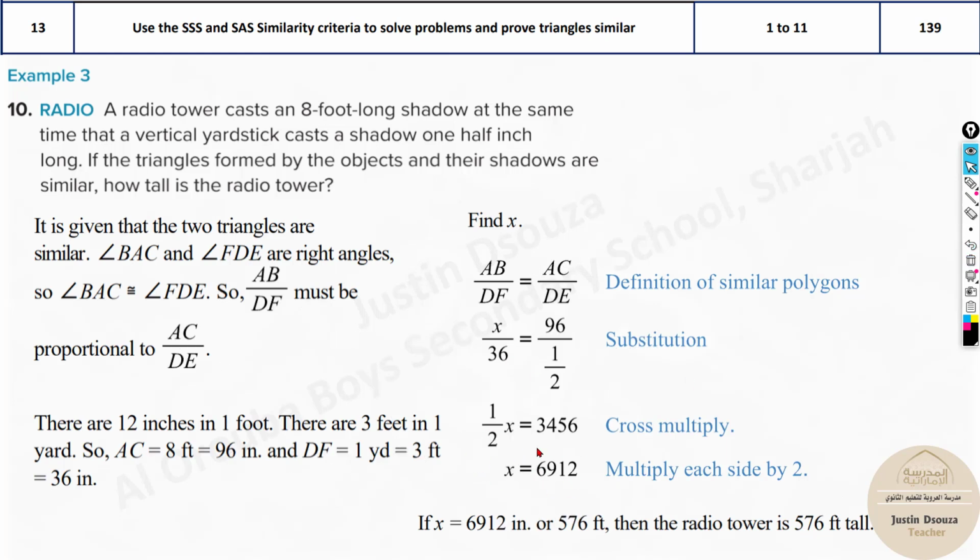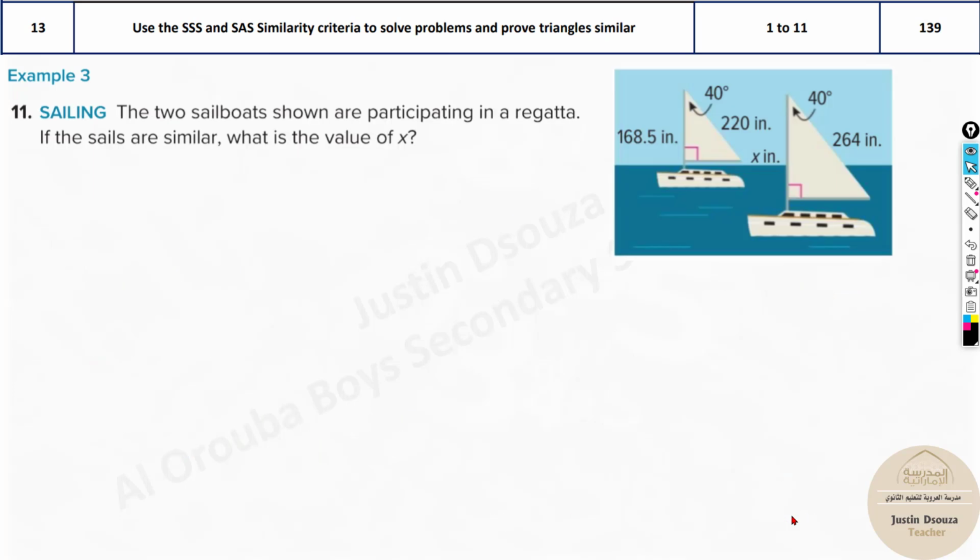Now first we got it in inches because we converted everything to inches and we got x equals 6912 inches. This is a huge number. Let's convert this back to feet. We can see the radio tower was 576 feet tall. That's the answer.